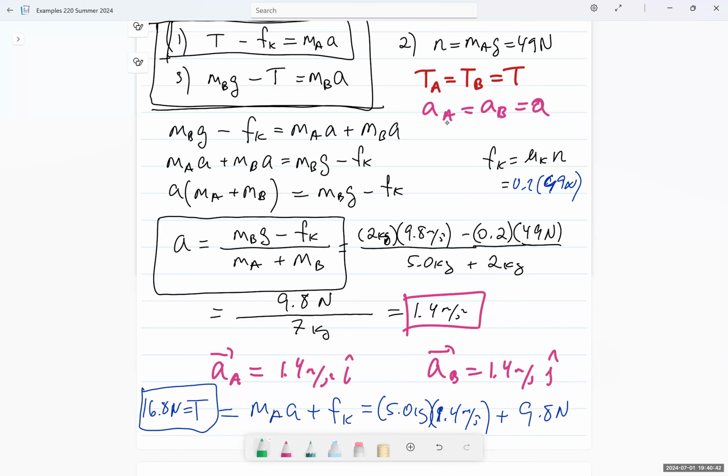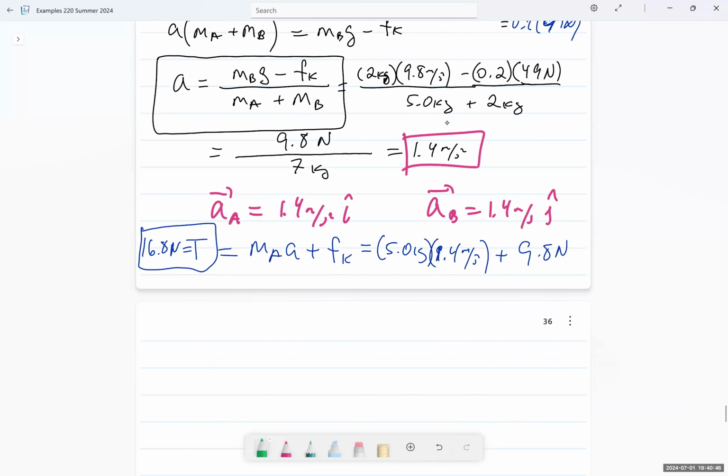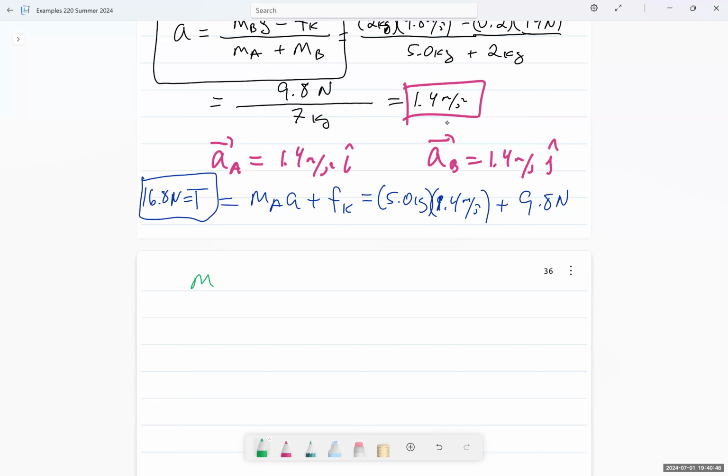So let's use A and B. You have mass of A, mass of B, tension, and acceleration. The tension of A is going to be the tension of B, so we can just call it tension. The acceleration of A is going to be the acceleration of B, so we can just call it acceleration. More or less, you have 1, 2, 3, 4 variables.